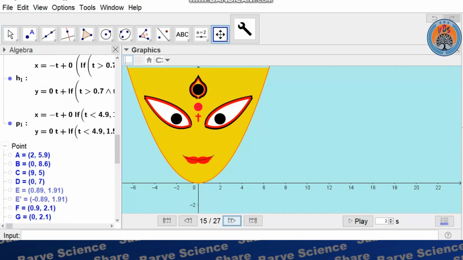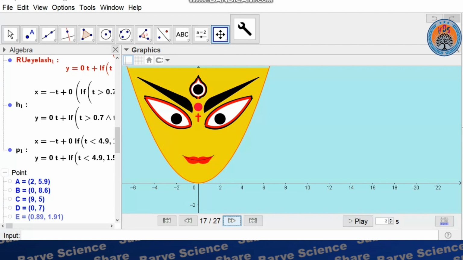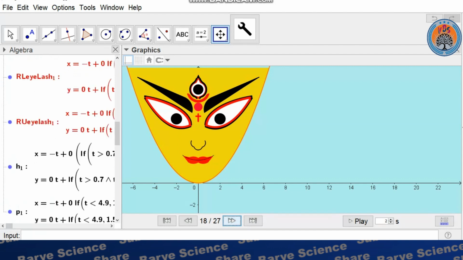Okay, it doesn't matter. See, this is a sort of decoration, and I've seen it in my childhood on many foreheads. Okay, now you see that I am decorating the eye now. Then the third eye. Be aware of the third eye of Durga as well as Shiva. Now you will see that this again is a complicated curve. Okay, so don't bother right now about that. Then you see that I am going to put the nose, and this nose, please see that it is in 3 parts.